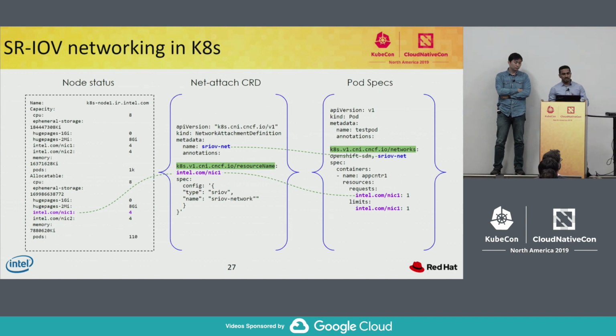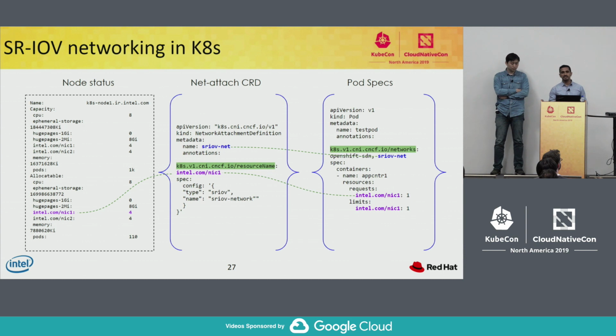Once the device plugin registers the devices to the kubelet, we need to create a network attachment CRD, which is basically saying how we would like to configure those VFs. Then in the pod spec, we need to refer to this network attachment CRD.